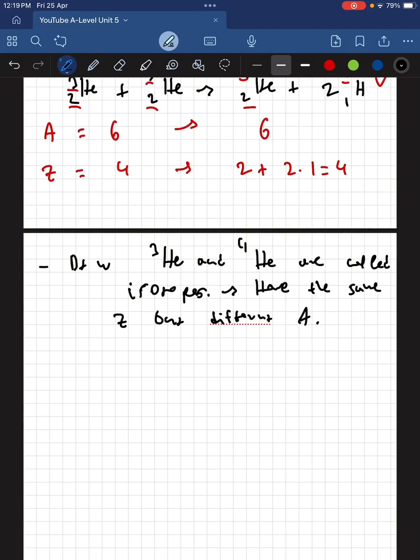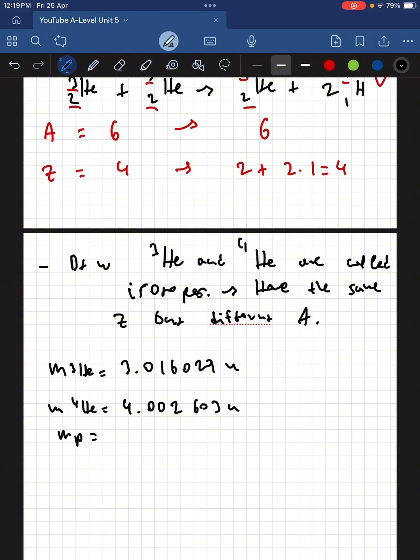I'm sorry, guys. So now the mass of helium-3 is 3.016029 U. The mass of helium-4 is 4.002603 U. The mass of a proton is something we discussed before. I'm not going to write it again to save some time.